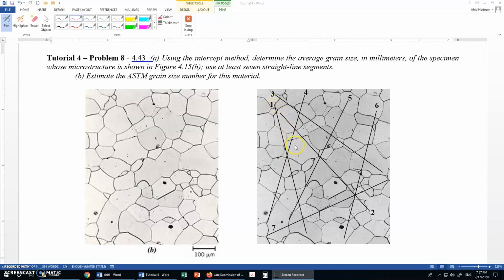Similarly for line 2: 1, 2, 3, 4, 5, 6, 7, 8, 9. Maybe I have missed one, there is another one, 10, over here. So the number of intersections should be counted.